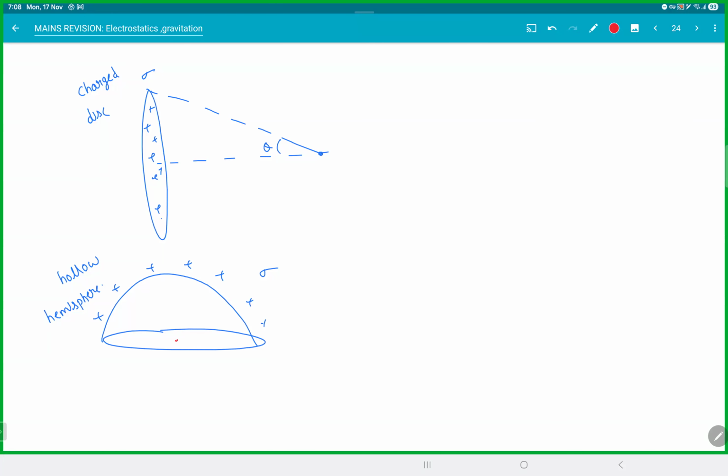Do you remember the projected area thing? Gauss law taught you this. The field will be sigma by 2 epsilon into 1 minus cos theta. What about this one? Sigma by 4 epsilon. And here, if you make theta tend to 90 degrees, it becomes an infinite sheet. The disk will become an infinite sheet. The field due to an infinite sheet is sigma by 2 epsilon, constant. Clear with this?